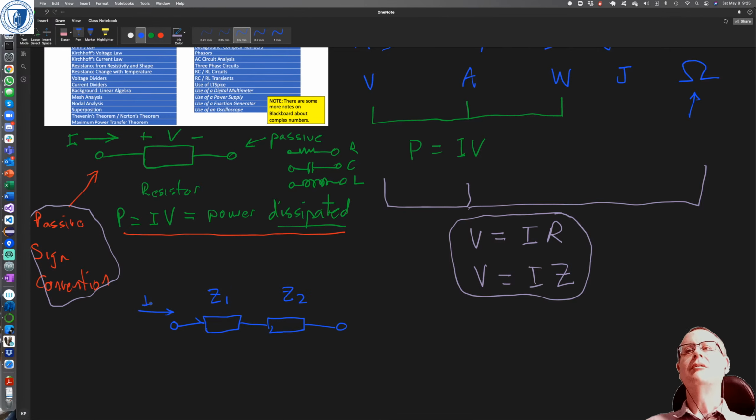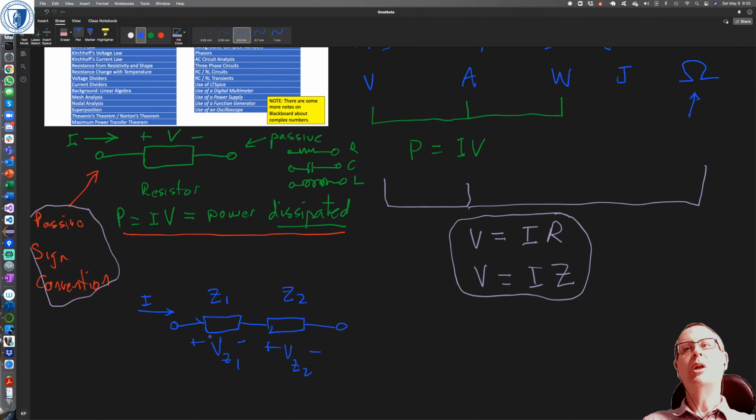We have current I flowing in. We've got VZ1 and VZ2, so that now this current and these voltages are satisfying the passive sign convention, right?